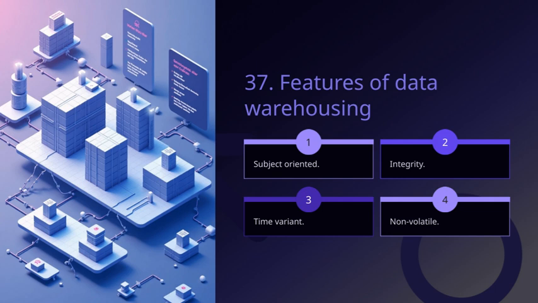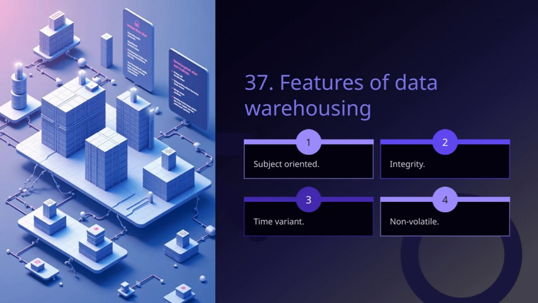This trustworthiness is essential for making sound business decisions based on the data stored. Moving on, we see that data in a warehouse is time variant. This means that data is stored with a timestamp or over different periods, enabling us to track changes over time and analyze trends effectively. Finally, subject-oriented. Data warehousing is organized around specific subjects or areas of interest, like sales, customers, or products.